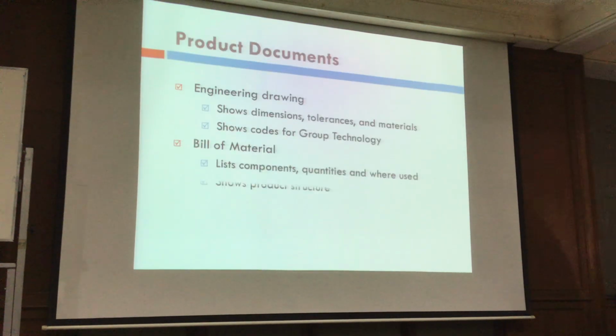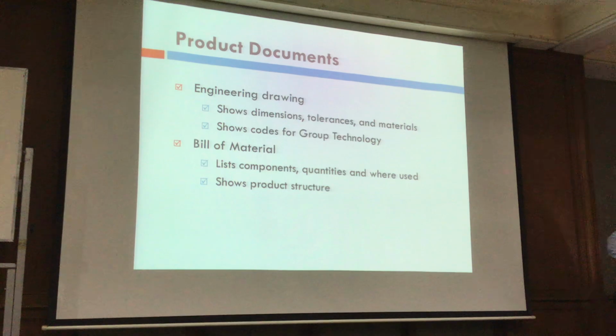The engineering drawing and bill of material here. For the engineering drawing, some of you guys, maybe you graduated from engineering school or science, so maybe you have had the experience of enrolling in a graphic or engineering drawing course. You know that an engineering drawing provides you with the dimensioning and the material of the products.